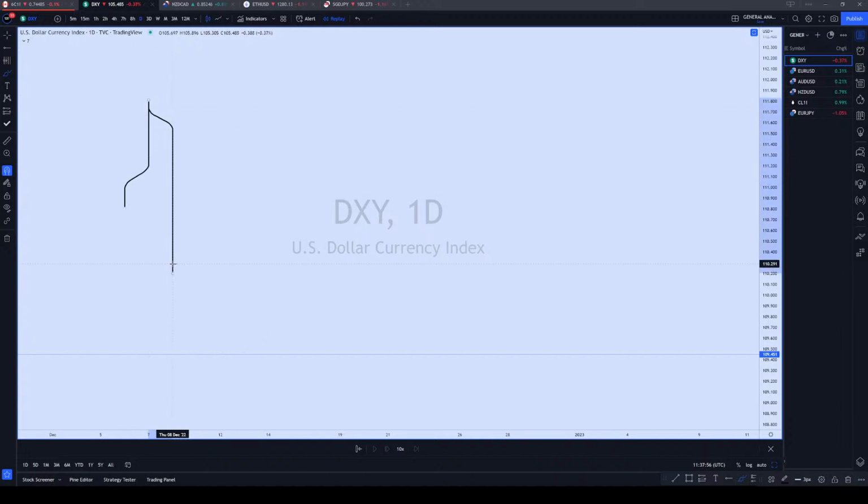So if this is where price closed, and this is done by hindsight, and the next day you see price down here, what is something that is consistently repeating that you can see that is giving you an idea that price was going down? And that's what I'm showing you.